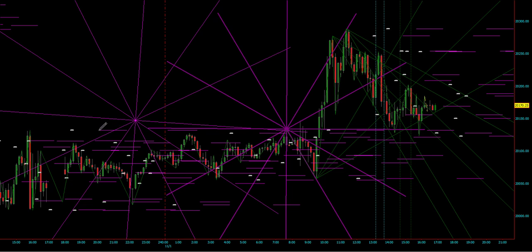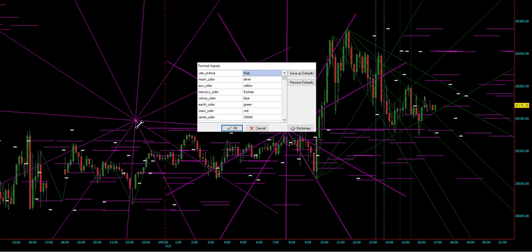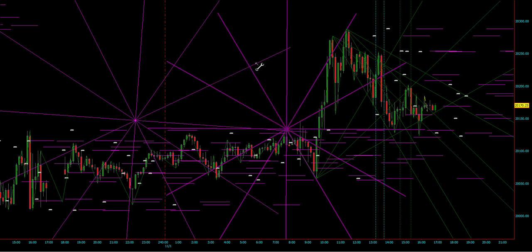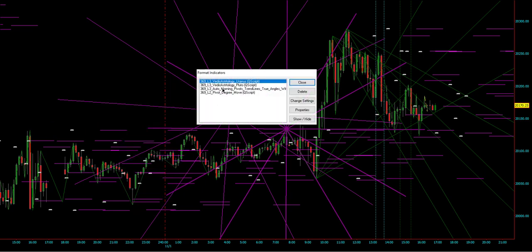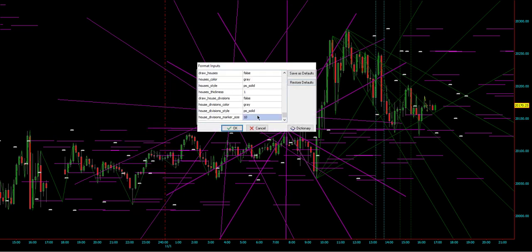Just have to click it, make it bigger. You can change the colors and all this, no problem. All you have to do is change the colors, it's all in the input itself. But right now, just look at this.